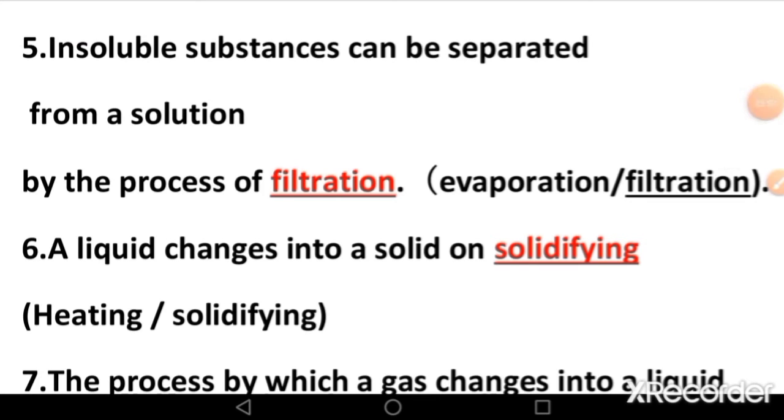In filtration, a solution containing insoluble substance is passed through a filter paper, and on doing so, the liquid passes through the filter paper, while the insoluble substance like mud or sand remains there on the filter paper.